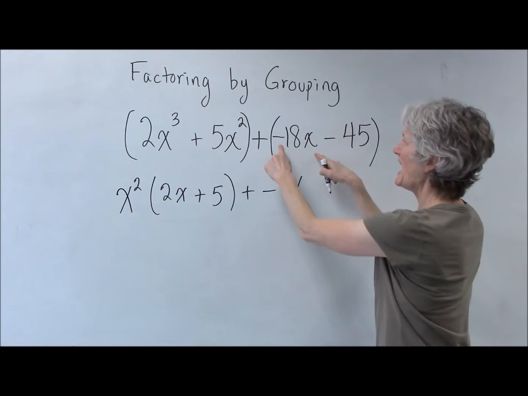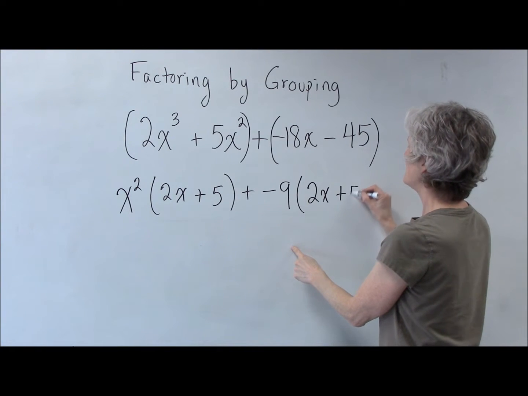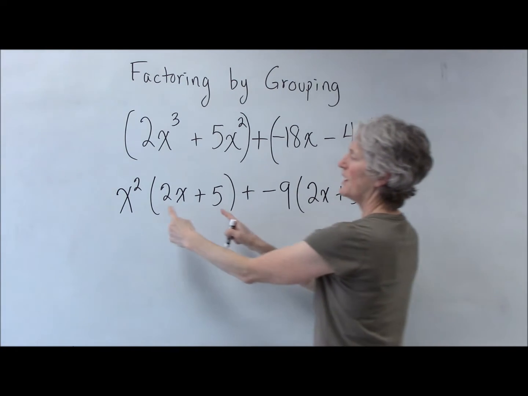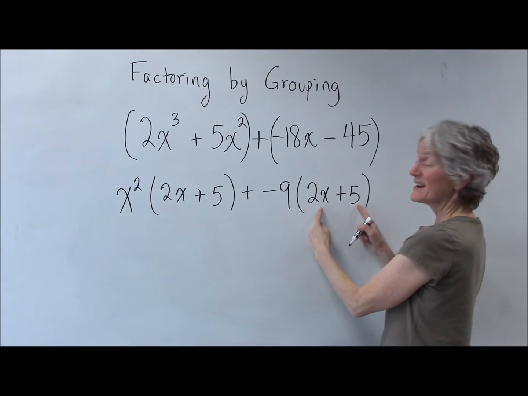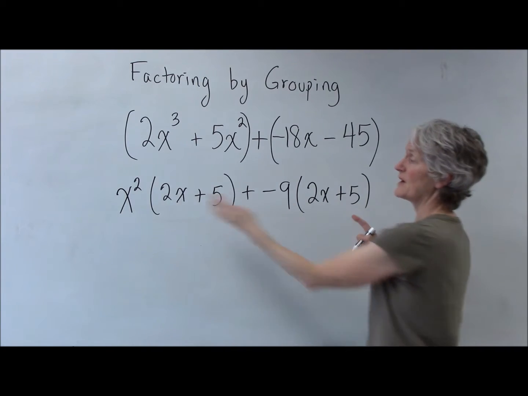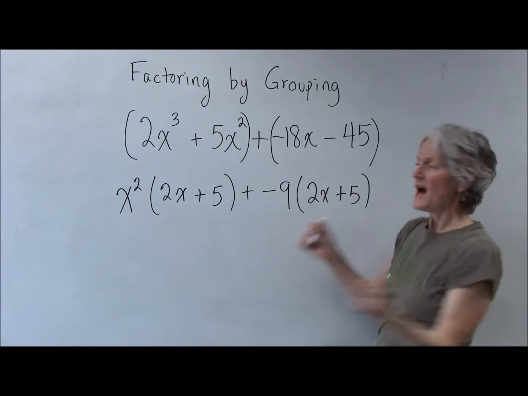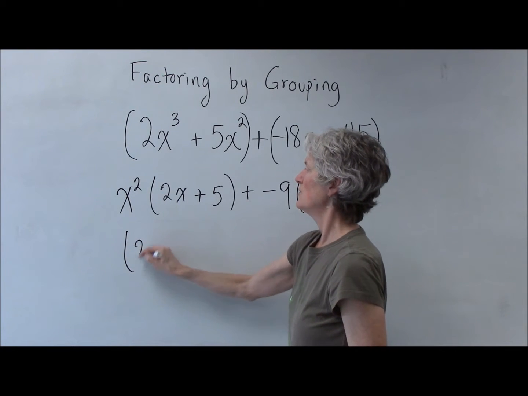If I take out a negative 9, that's going to leave me with a positive 2x and a positive 5, and that leaves me with something handy. Your goal is always to get a common factor. 2x plus 5 is common. I've got two terms. Voila, they have a common factor. I'm going to factor out a GCF, 2x plus 5.